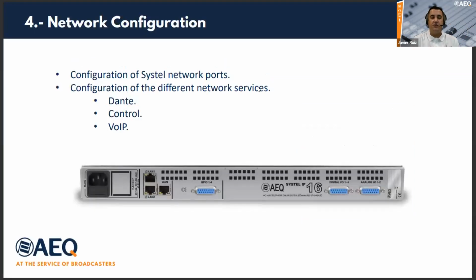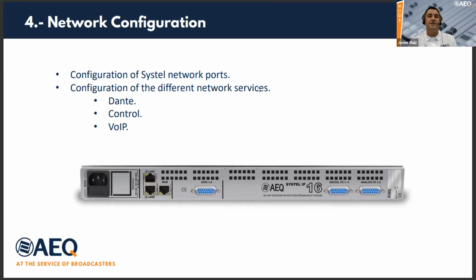If you can see on the screen, the back of the Systel IP box has LAN 1, LAN 2, and one port. There is a switch network port. There is no network interface card. Systel IP has an internal switch and joins all the networks inside.